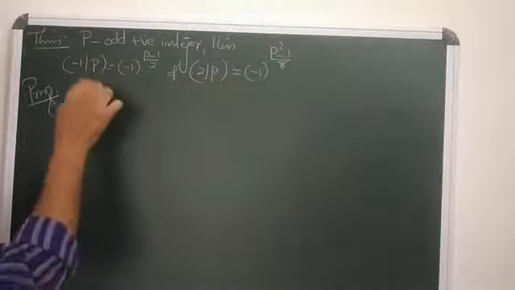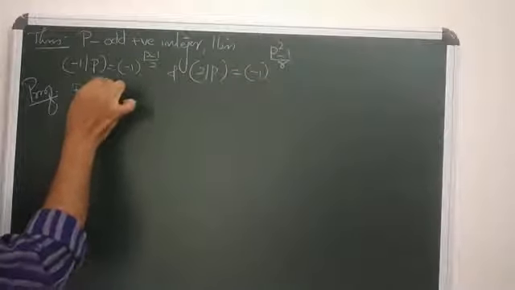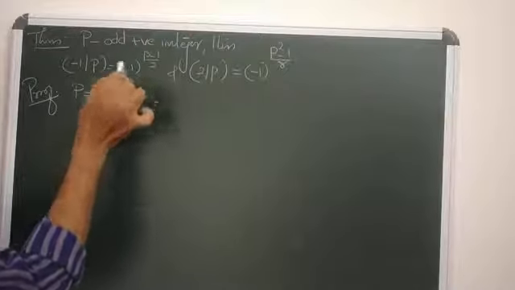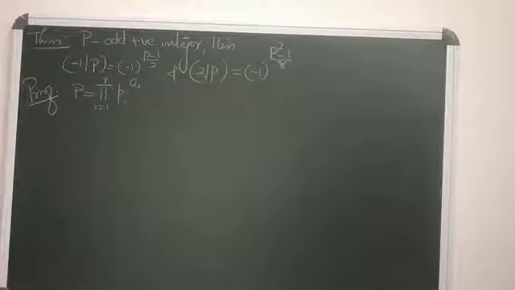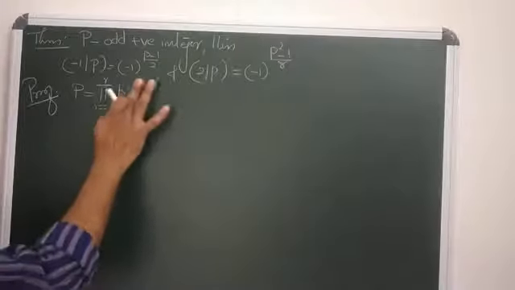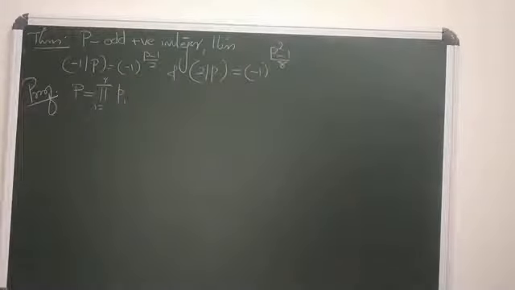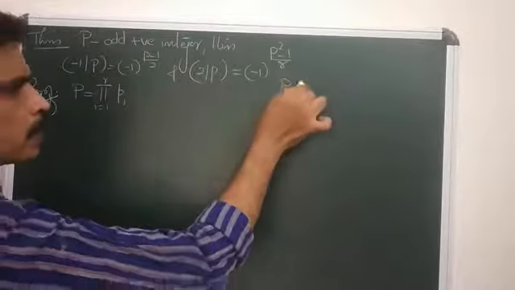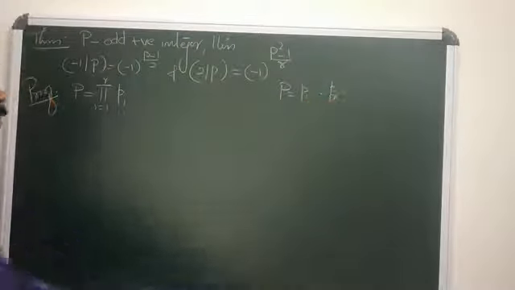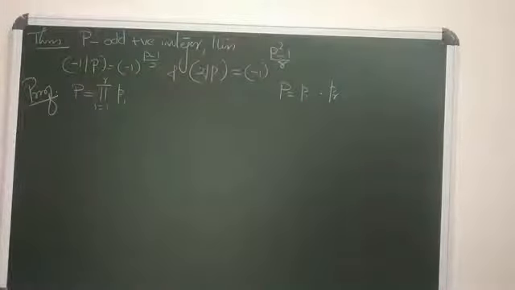So let p equal the product i ranges from 1 to r of pi, that is p1, p2, etc. pr. The primes need not be distinct. So let p equal p1, p2, etc. pr, product i ranges from 1 to r of pi.